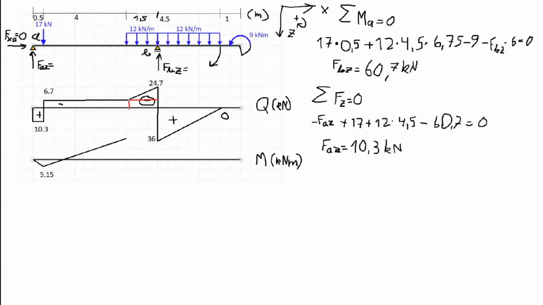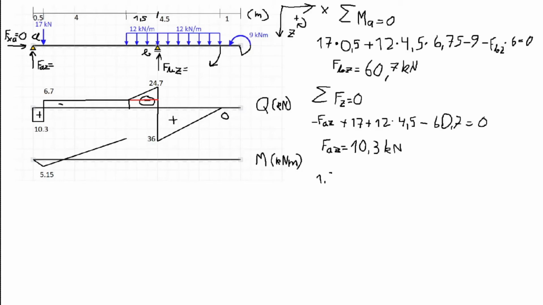Now let's move on to the third area, and the third one is a bit tricky. We will divide this area into one triangle and one rectangle. So first we'll start with the smaller rectangle.